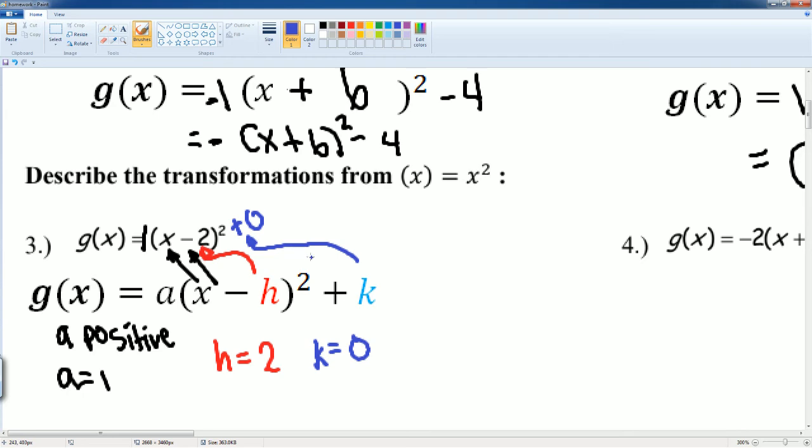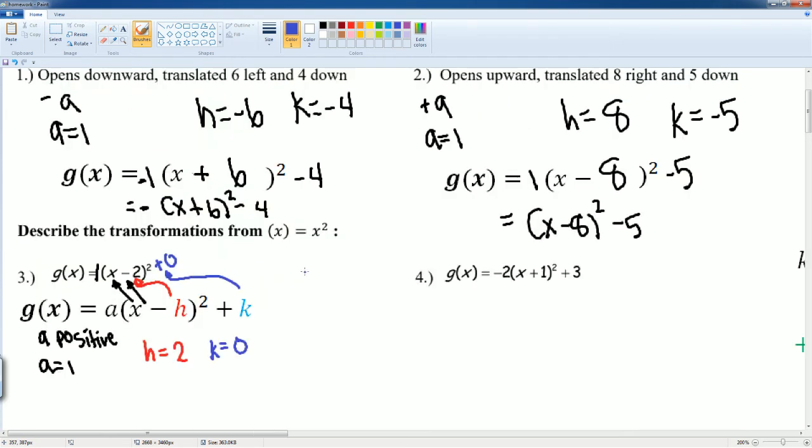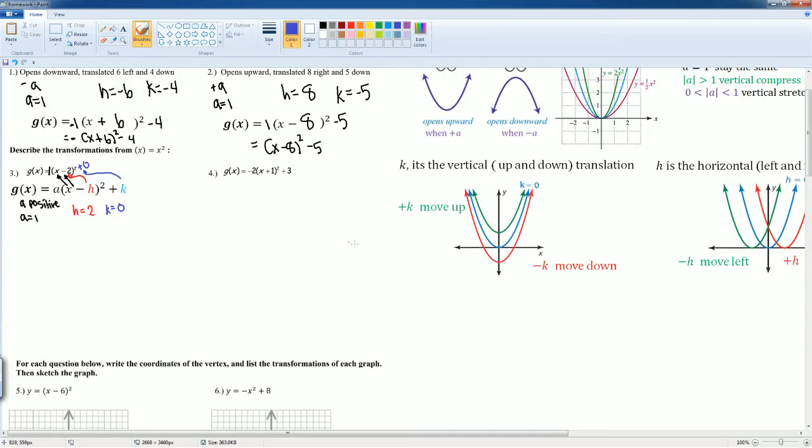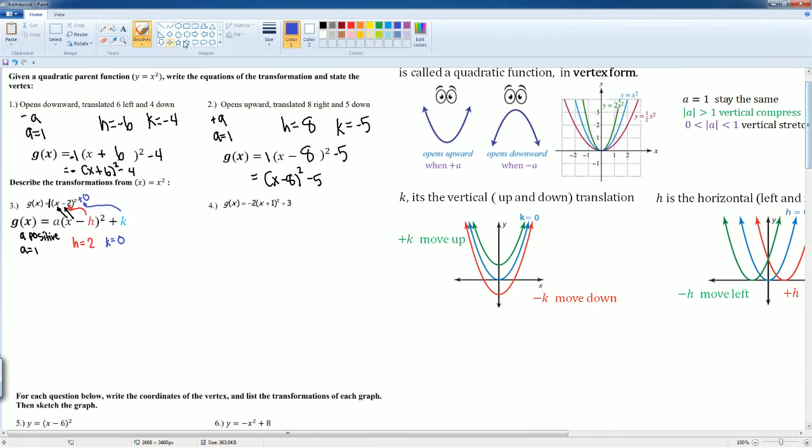All right, so what does this translate to? Okay, so we can say that A is positive, so it opens upwards. Then we can say A equals 1, so the size stays the same. Opens upwards, stays the same size.